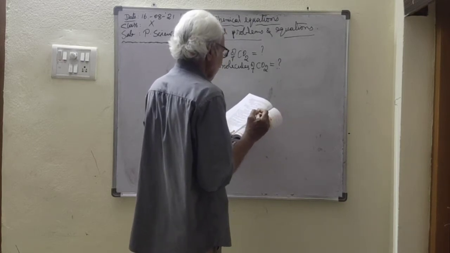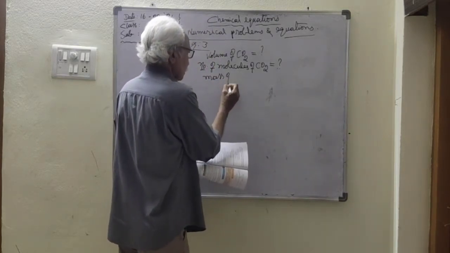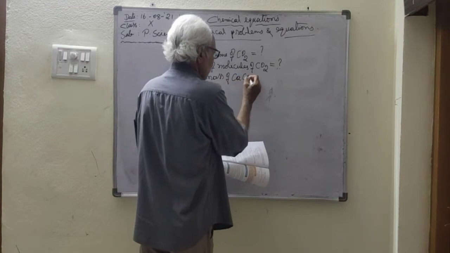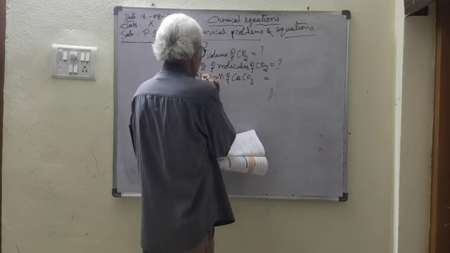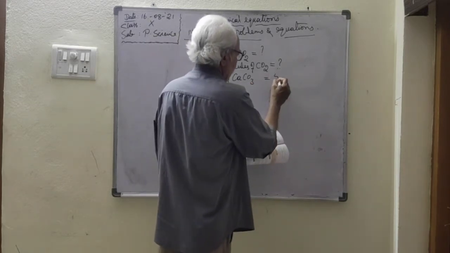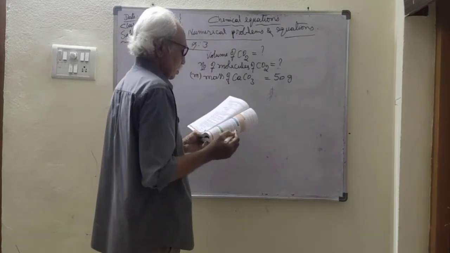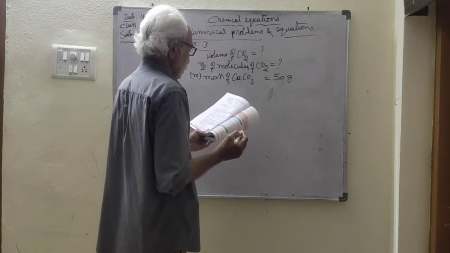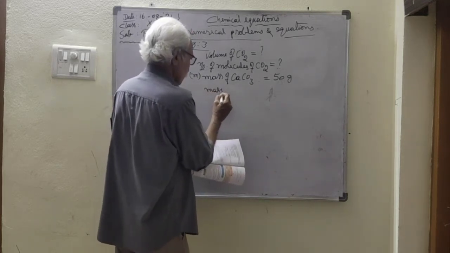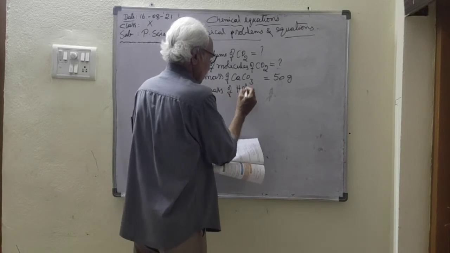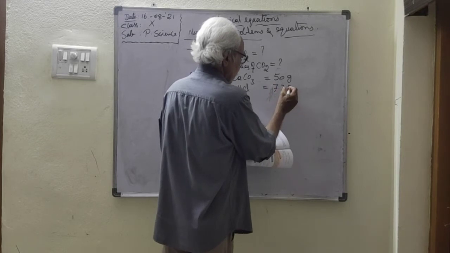So, mass of calcium carbonate, this is the M, 50 gram. Dilute hydrochloric acid, which contains the dissolved HCl. So, mass of dissolved HCl, 7.3 gram.